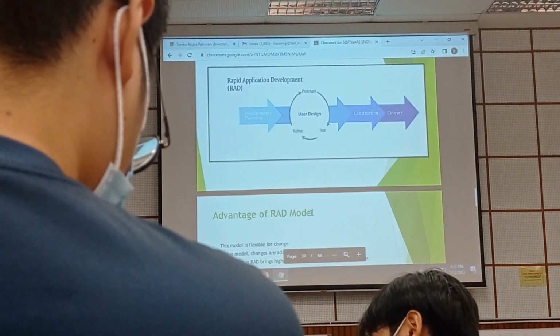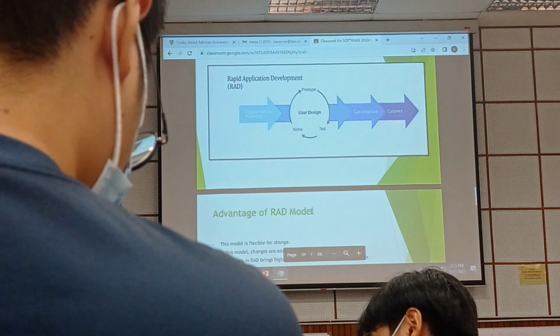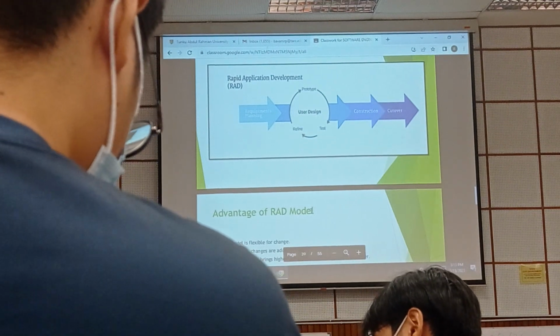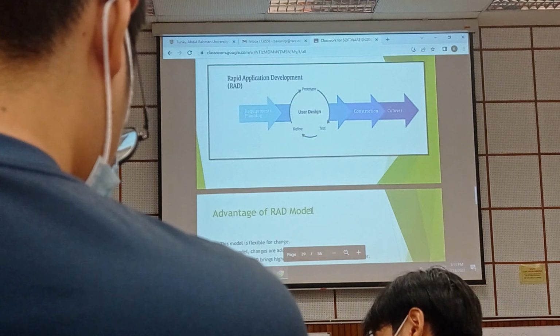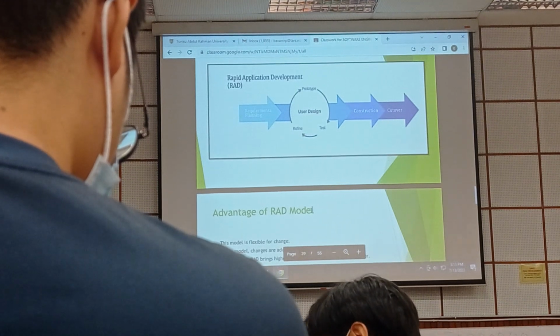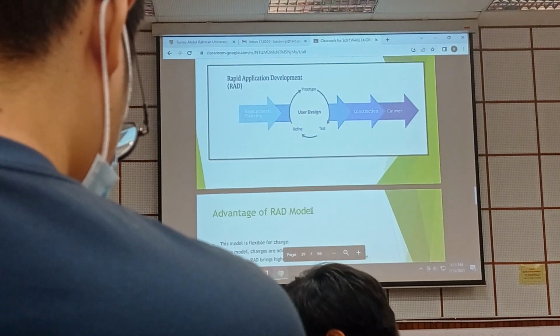If you look at these phases, in all the software process models, the first phase will be the requirement, because without the requirement, what are you going to develop, right? So the requirement phase is mandatory in all the software process models.